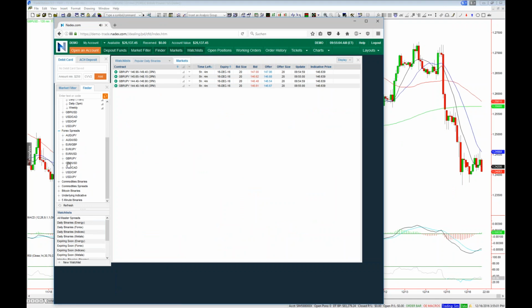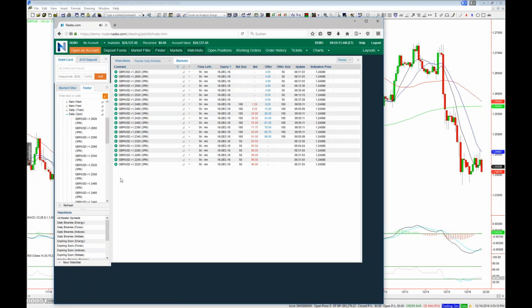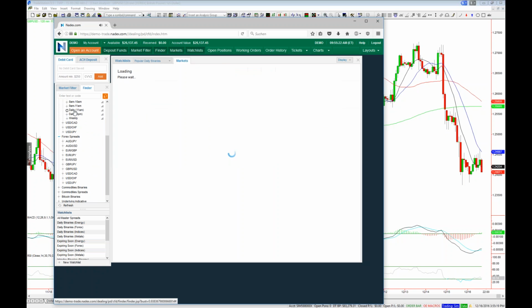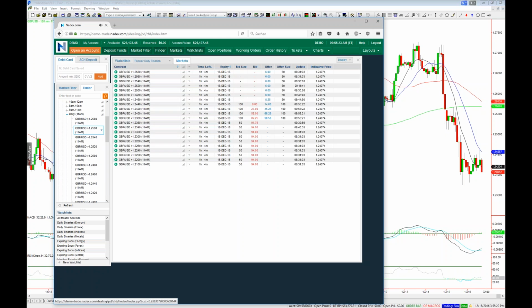British pound against the US dollar, and let's switch back to binaries. And by the way, me picking that same time frame is just my personal choice. We can easily pick something else here. Let's go for that one here. You see that one is still good for about 1 hour and 4 minutes.